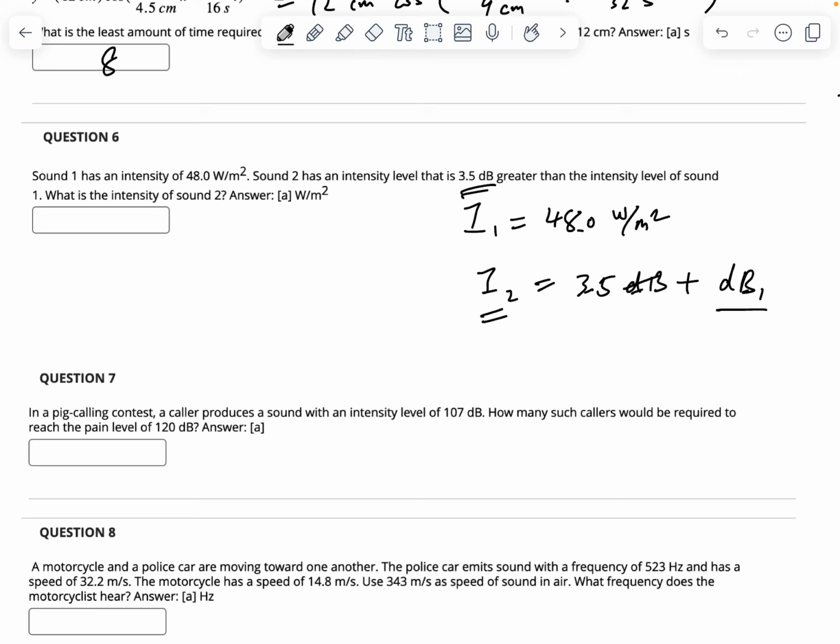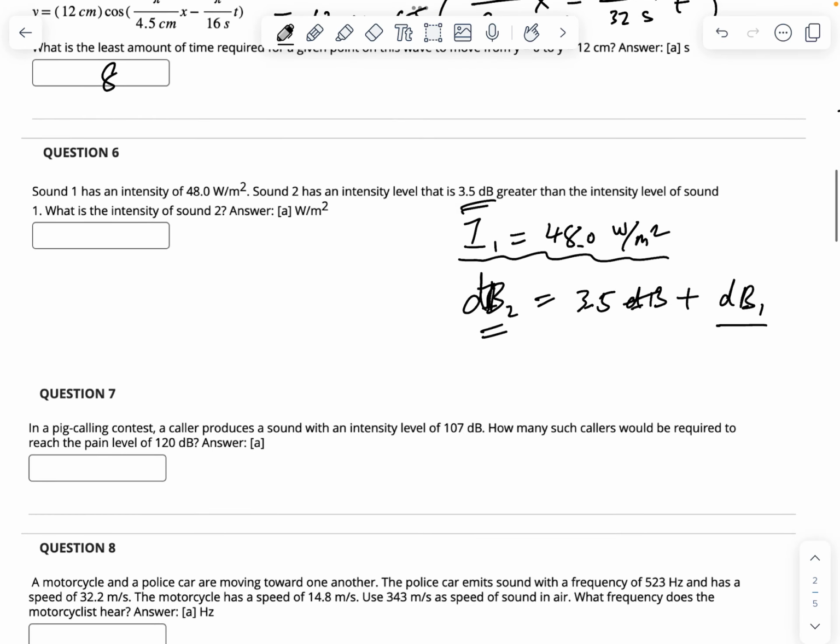All right, so how to do this? I should do it this way. dB2 is 3.5 dB plus dB1, so we have to figure out what is dB1. dB1 equal to 10 log I1 over I0, so equal to 10 log of 48 watt per meter squared divided by 10 to the negative 12 watt per meter squared.